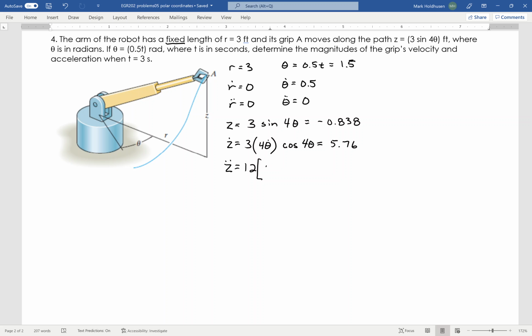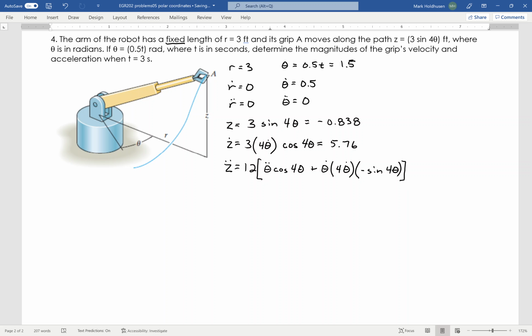So that'll become theta double dot times the cosine of 4 theta, right? Plus theta dot times 4 theta dot, and then taking the derivative of cosine, I get negative sine, so it's going to be negative sine 4 theta. And again, remember, you're differentiating with respect to time. You're using that product rule, so you get this big long equation that looks like this.